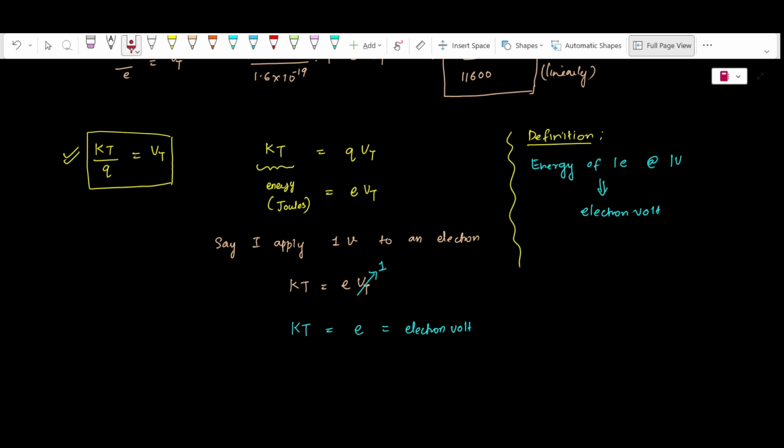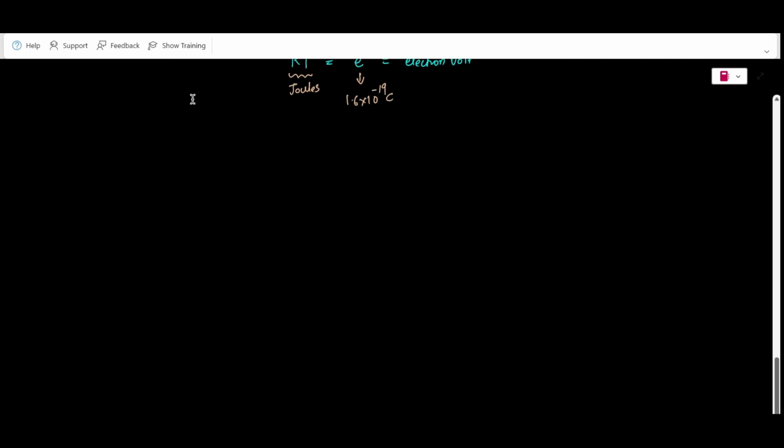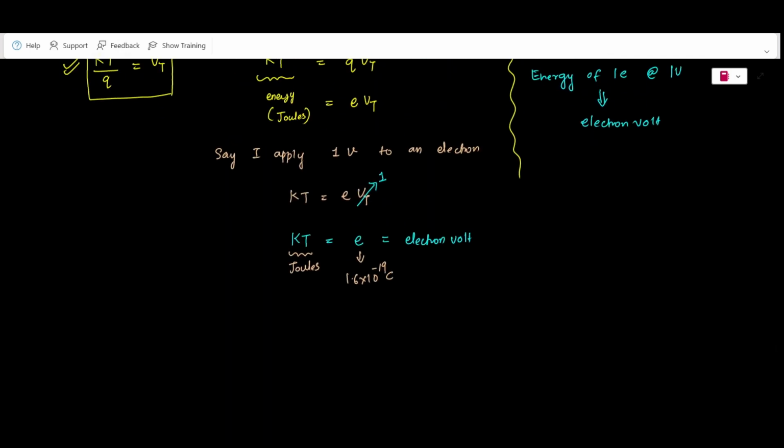Definitely this value is in joule, and this value is 1.6 into 10 power minus 19. So I can very clearly say that 1 electron volt is nothing but 1.6 into 10 power minus 19 joules.